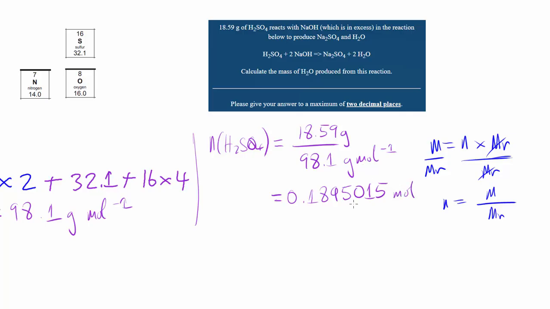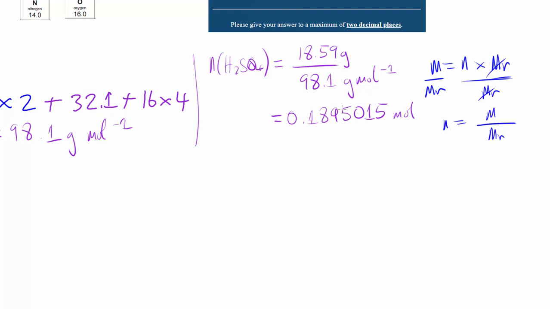And this is our mole value. Now, for each mole of H₂SO₄, how many moles of H₂O do we have? You can see in this balanced equation that H₂SO₄ has a coefficient of 1, and H₂O has a coefficient of 2. So for every mole of H₂SO₄, you're going to get 2 moles of H₂O.